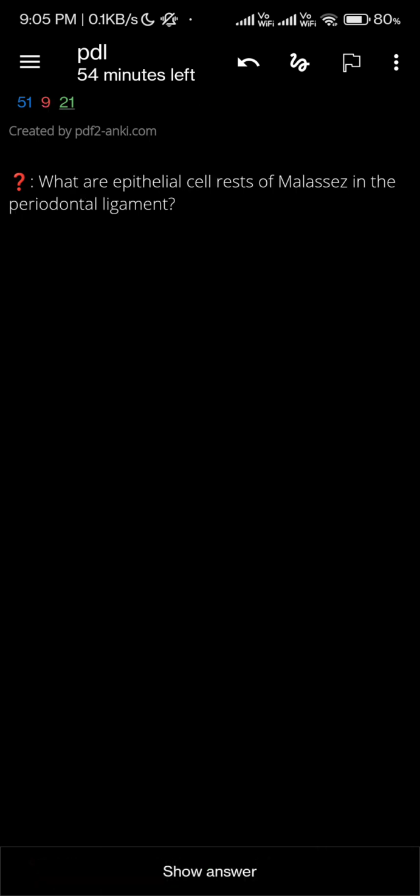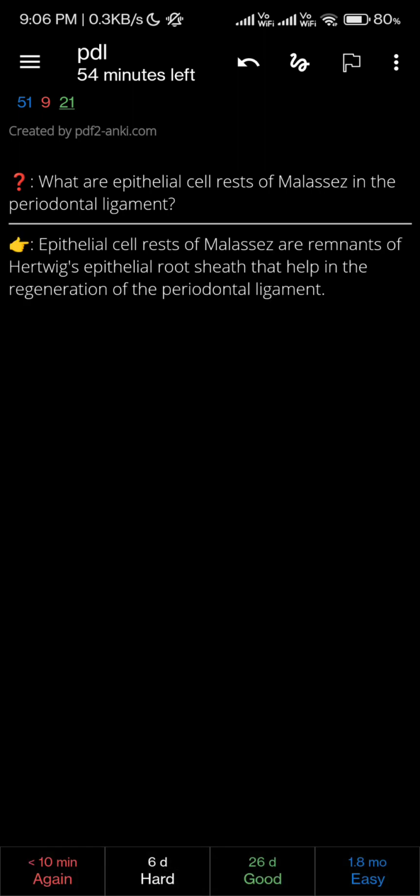What are epithelial cell rests of Malassez in the periodontal ligament? They are remnants of Hertwig's epithelial root sheath, found close to the cementum and present in the periodontal ligament. They have the ability to differentiate into cementoblasts, osteoblasts and fibroblasts.